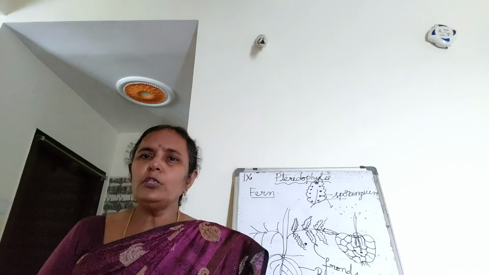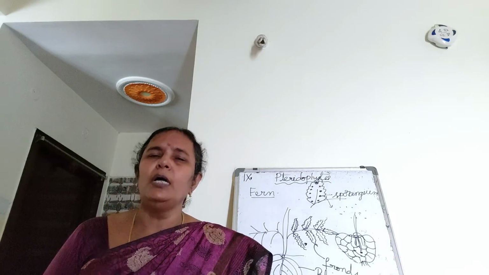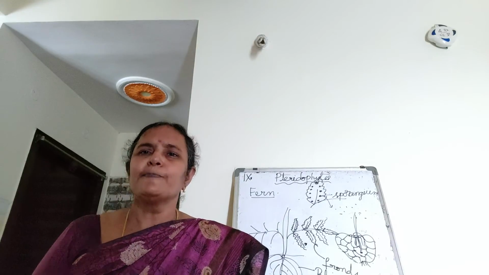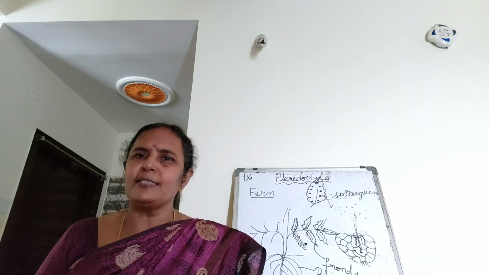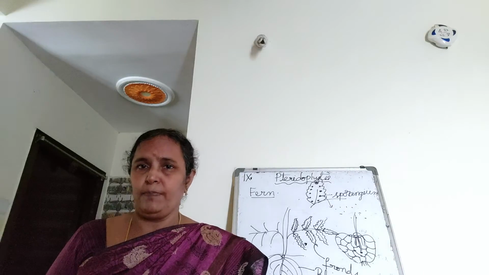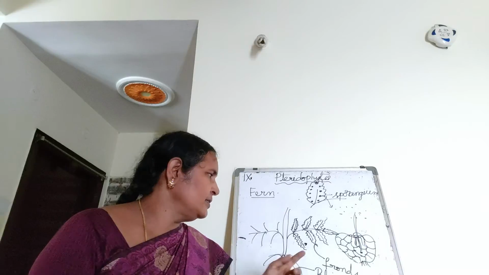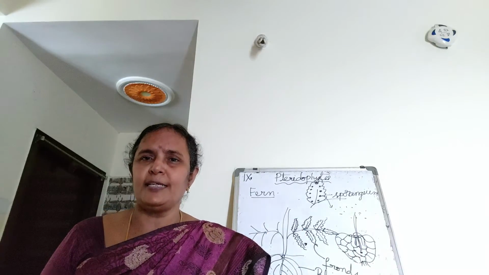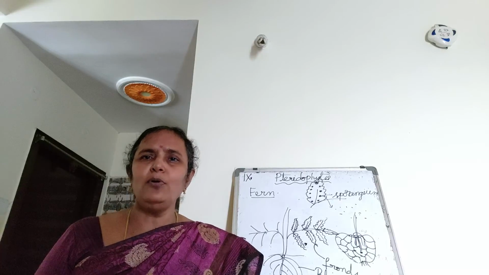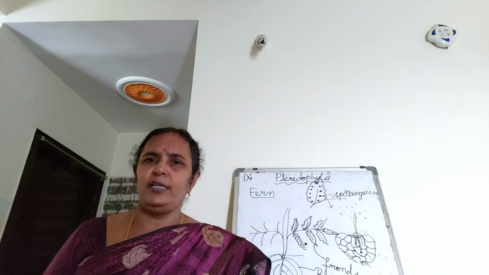So in both Bryophyta and Pteridophyta, alternation of generation can be observed. In Bryophyta, the gametophytic stage is the main stage and the sporophytic stage is temporary. But in Pteridophyta, the sporophytic stage is the permanent and major stage, and the gametophyte is a temporary stage. It does not survive for a longer period. That is about alternation of generation in both Bryophyta and Pteridophyta.